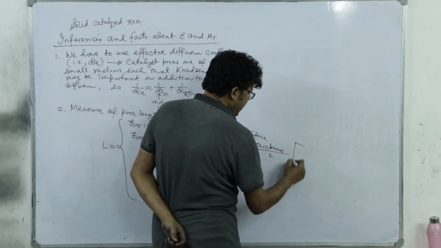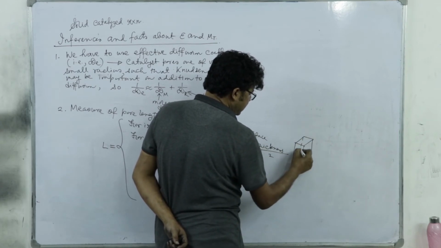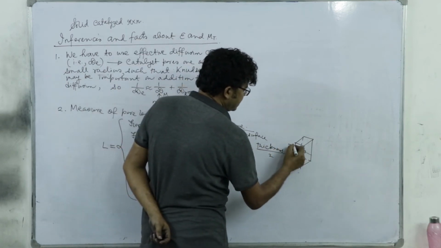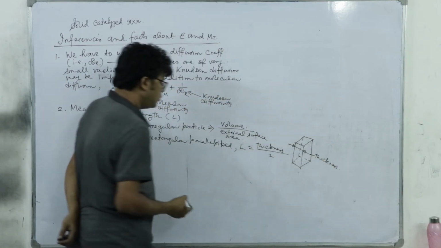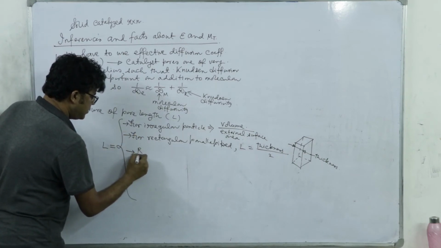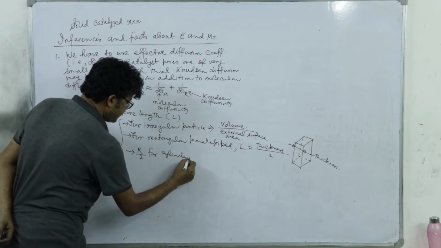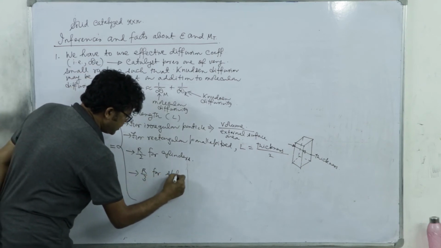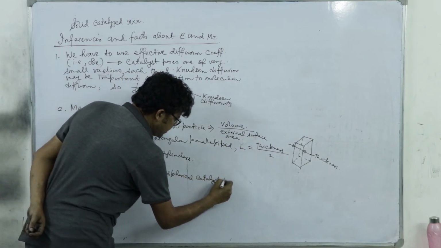Like if you have the catalyst particles in the form of rectangular bricks, right. So, it is the thickness by 2, and it is equal to R by 2 for cylindrical particle and equal to R by 3, radius by 3 for spherical particles, spherical catalyst pellets.